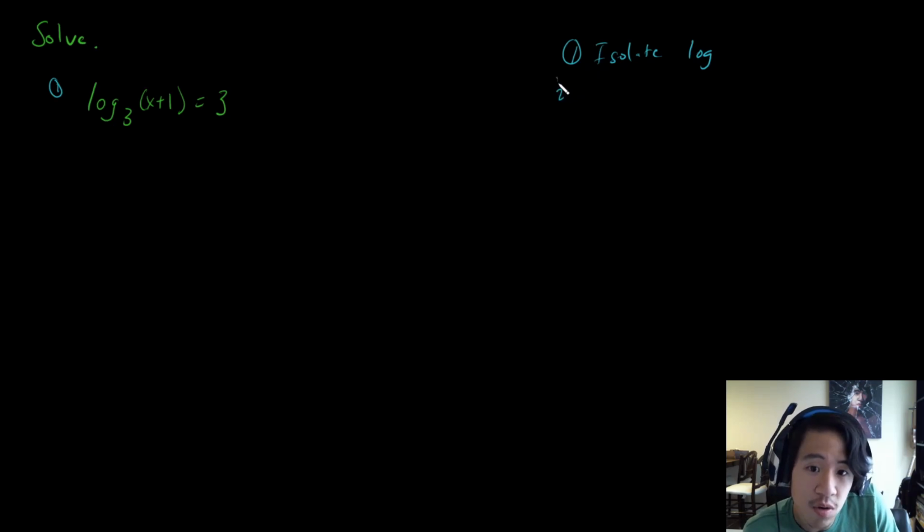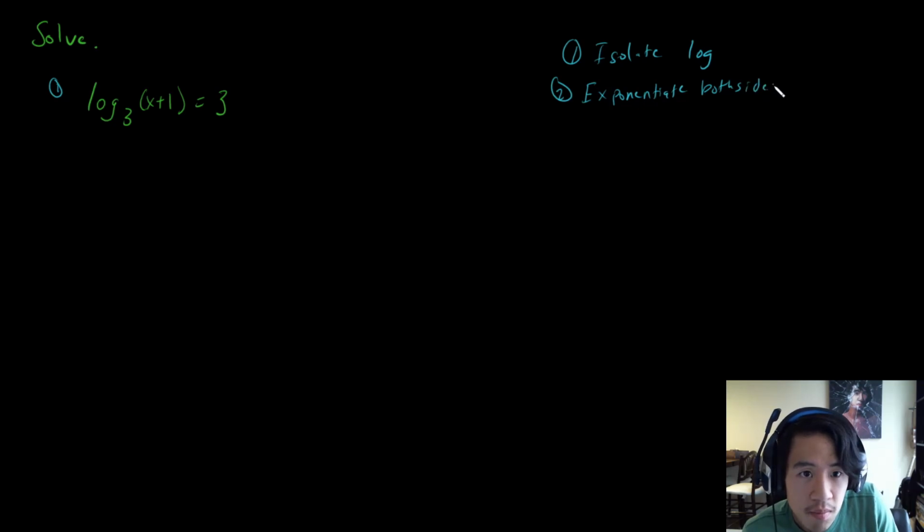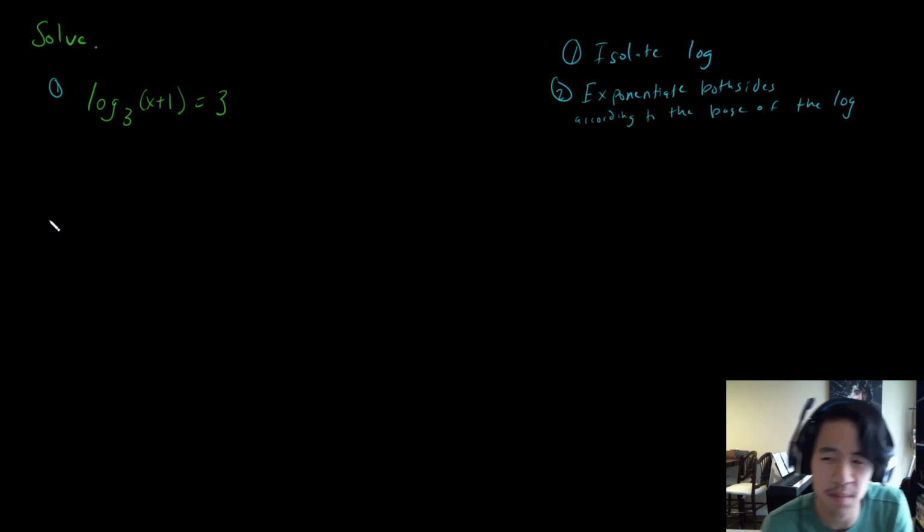And step two is we are going to exponentiate both sides according to the base of the log. All right, so let's go ahead and do step two right here.